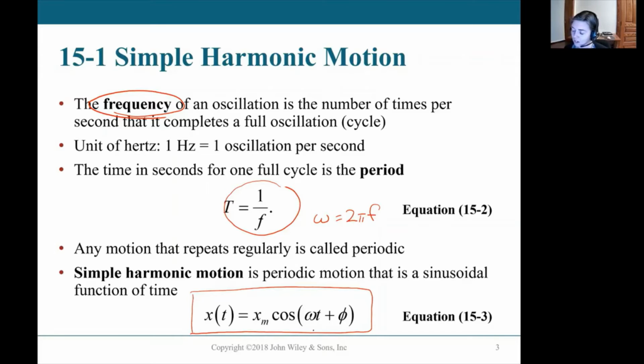And in the cosine function, we've got omega, which is 2 pi f, so the angular frequency. We've got the time, and we've got this thing here, we call this a phase shift. Adjusting that number lets us shift the cosine function around with respect to the origin along the x-axis.